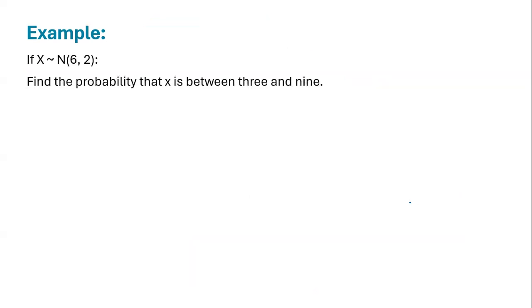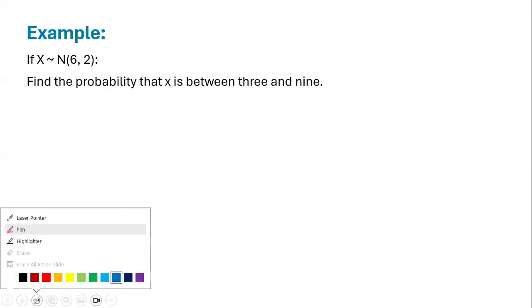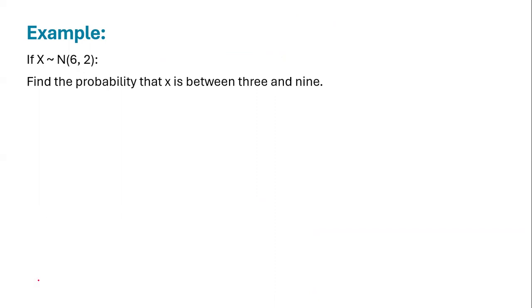Next example, it says, we have a normal distribution. The x is a random variable in a normal distribution, which the mean is 6, and the standard deviation is 2. Find the probability that x is between 3 and 9.